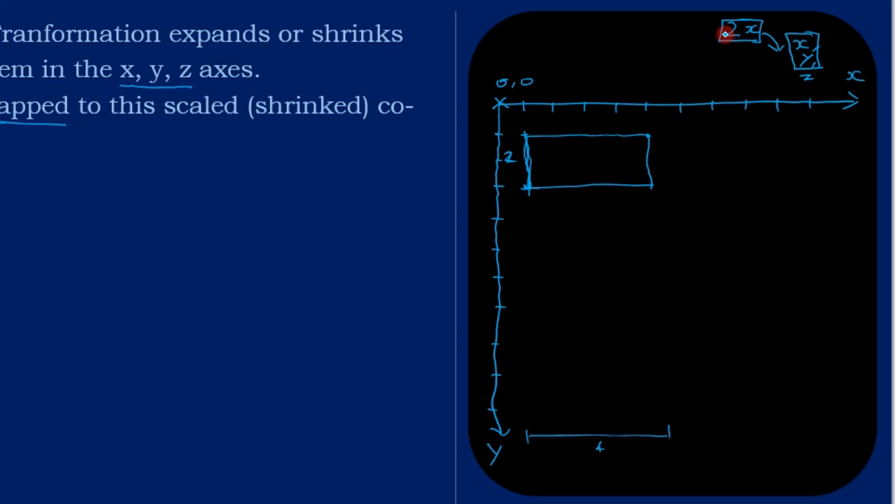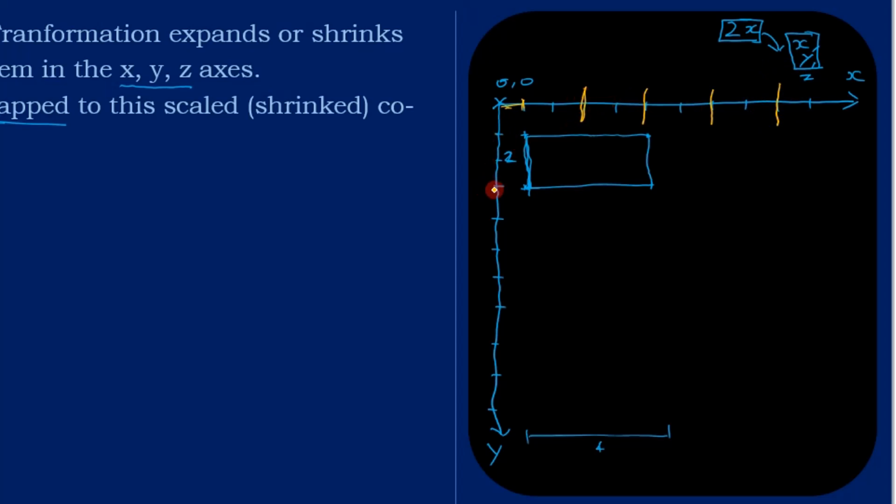So what happens in coordinate transformation? We are asking to scale it 2 times. That means 1 unit becomes 2 units. So this is our new coordinate. I made a small mistake here, but that's okay. Here also it got expanded, so 1 unit is expanded as 2 units.